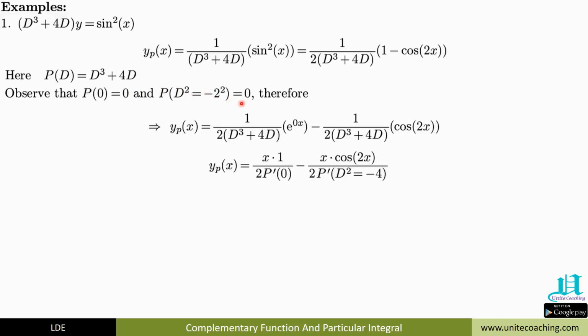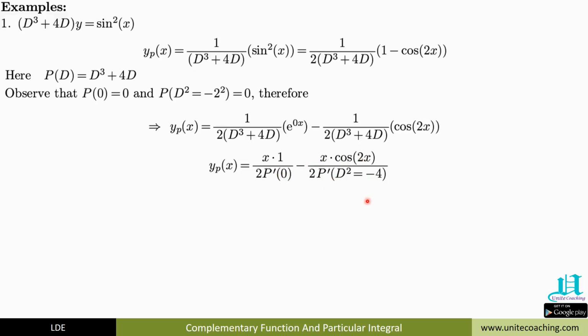So now we need to go for the first differentials of them. The first part is e to the power 0x, and we apply this on this function. So yp of x is equal to x into e to the power 0, that is 1, divided by p dash 0, minus x into cos 2x divided by 2 into p dash of D squared equal to minus 4.